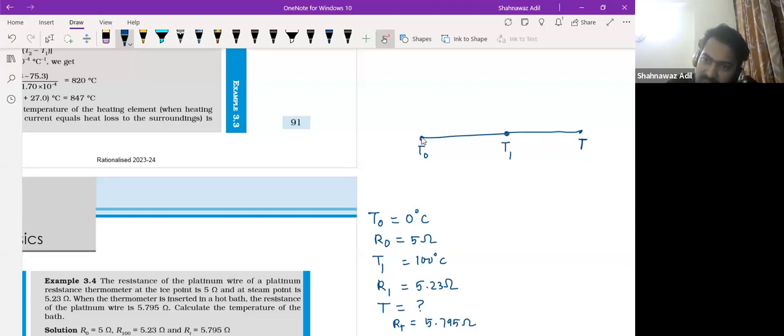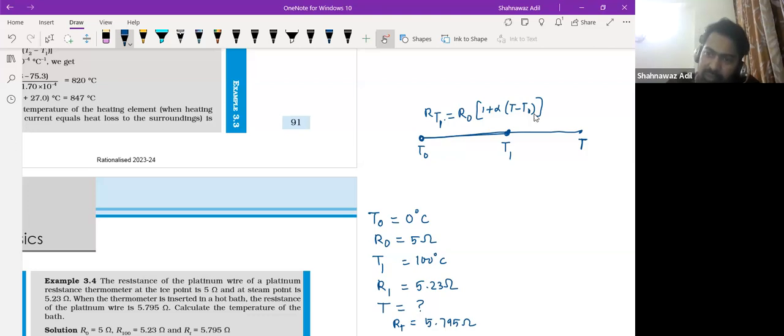So what do you guys know? At this temperature, the resistance R T1 would be R naught times 1 plus alpha into T minus T naught. Right, guys?